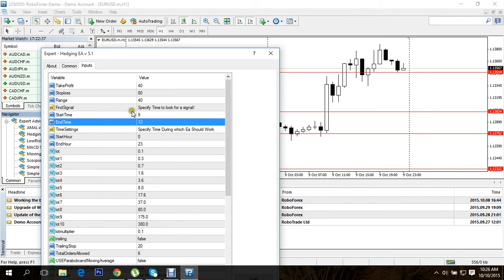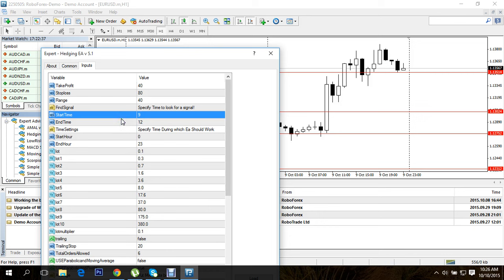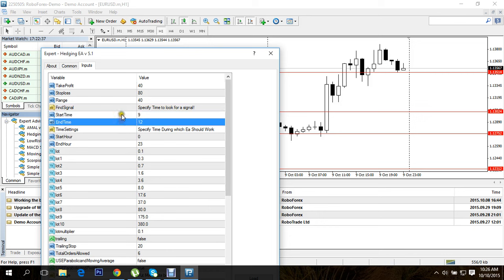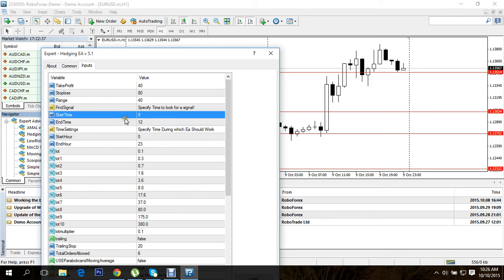So I basically put these variables for those people who don't want to trade all the time, and they want to start a trade between certain times, because the forex market sometimes changes a lot during the day, and other times it usually sleeps.